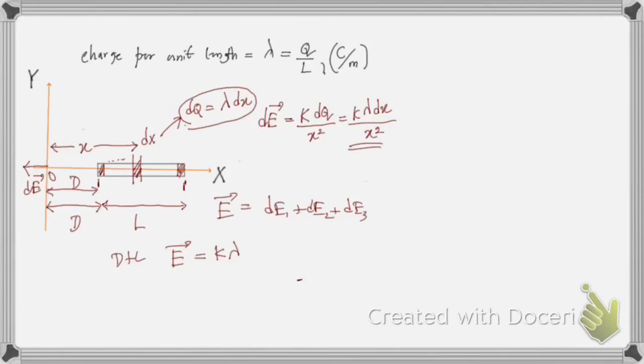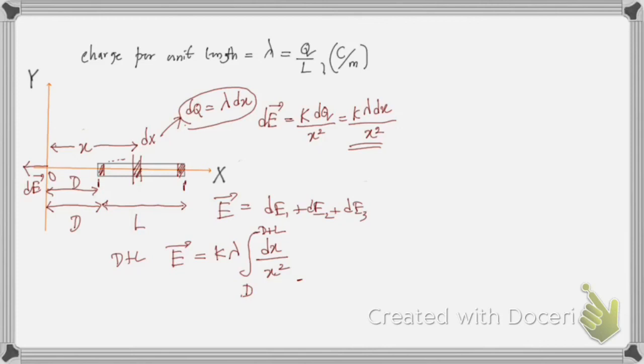What is not common is x squared, and that is called the variable. And what are the limits of the variable? It's changing, starting from the shortest distance d from the observation point to the furthest point d plus L.